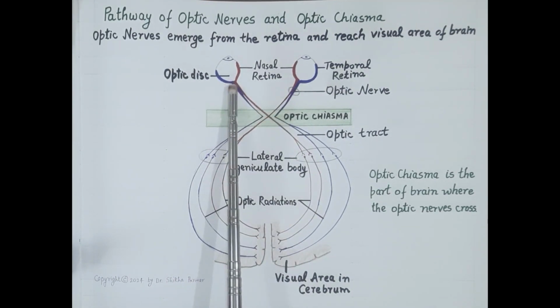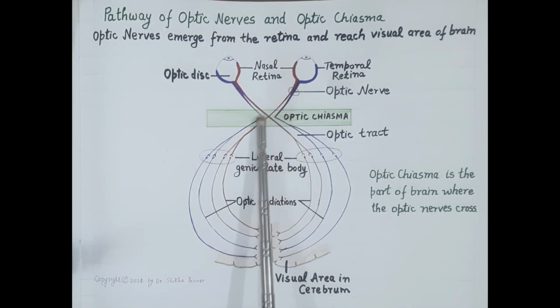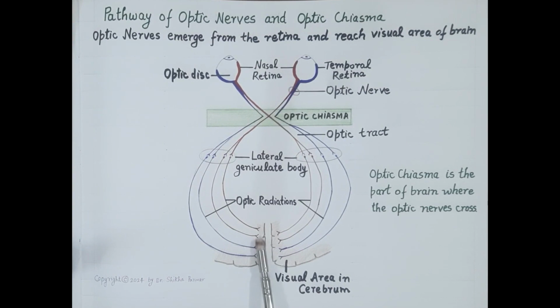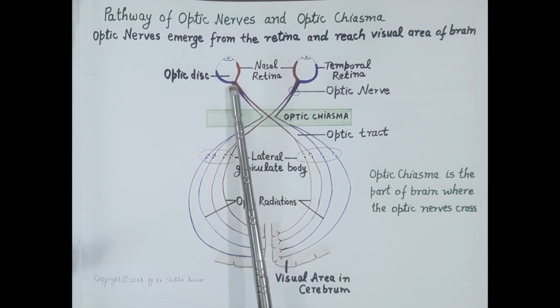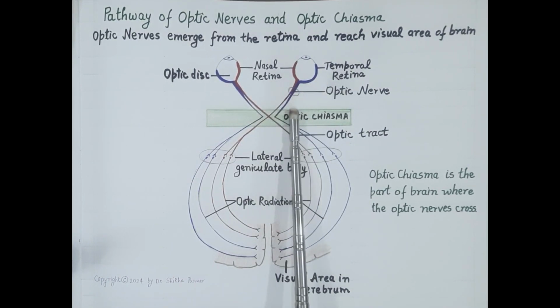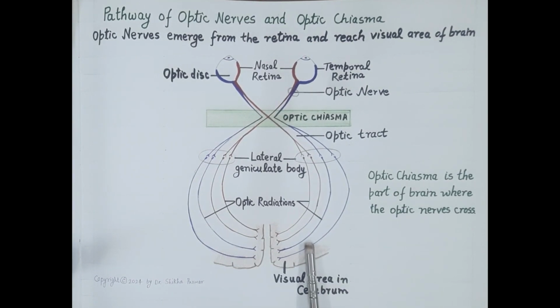So from here they go over here, and from here these nerve fibers go here. On the contrary, nerve fibers from the temporal side of the retina do not cross and continue to move on the same side.